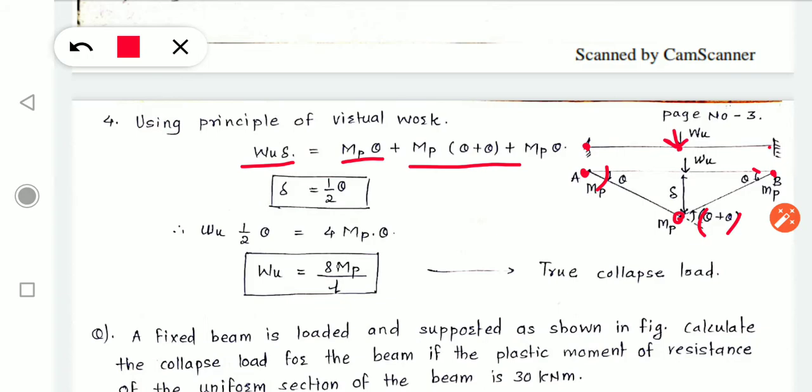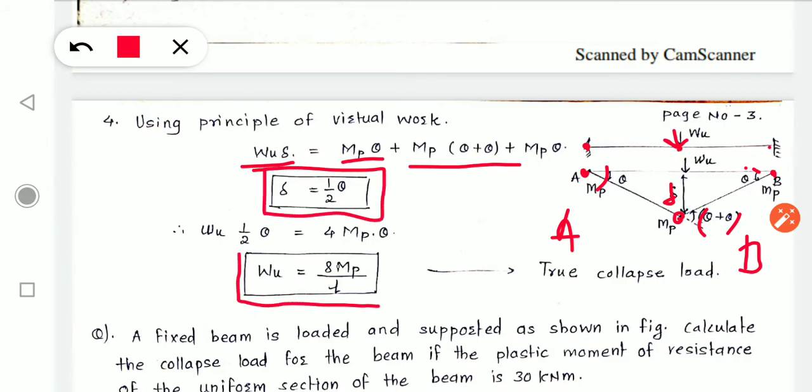Because this point load is acting exactly at the center, the theta on the A support and B support will be the same. Put the value of deflection in that, solve this equation for WU, and you will get WU equals 8 MP by L.